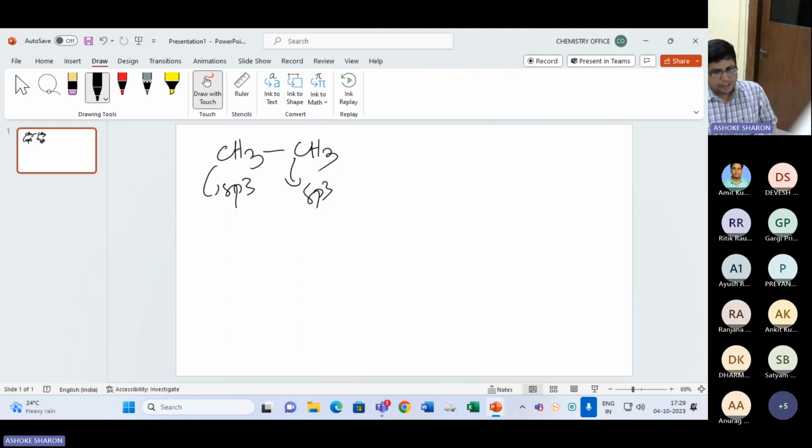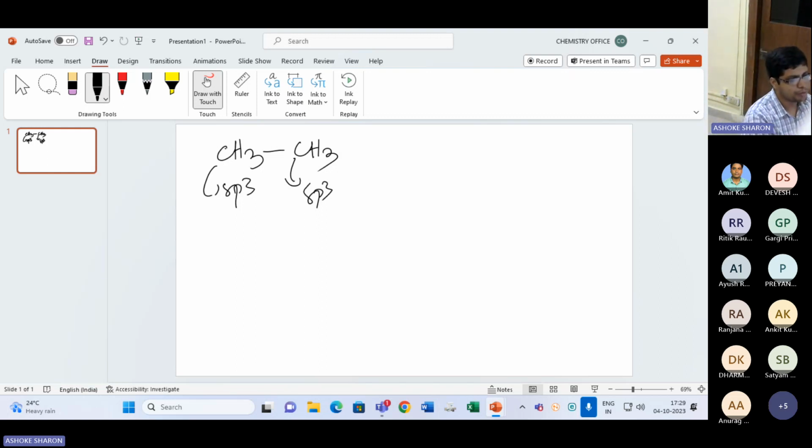Rotation changes the energy. It may be higher or lower, depending upon the different types of conformations. Clear?